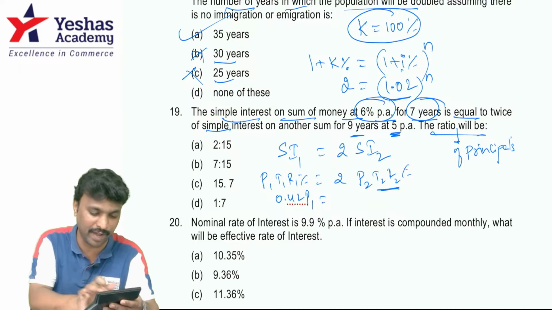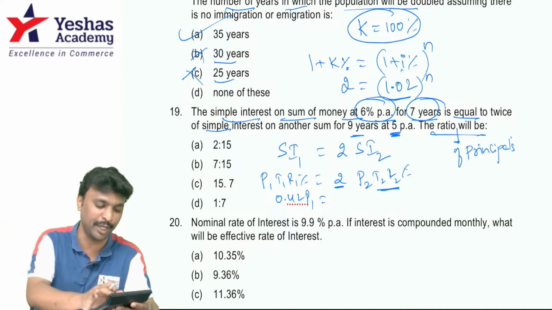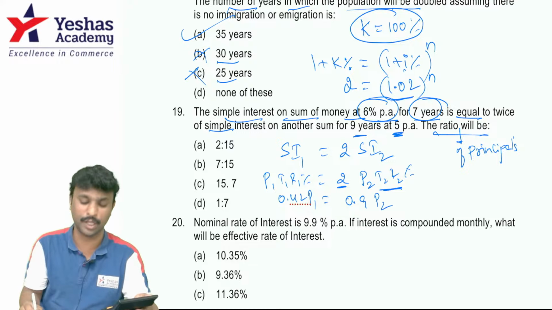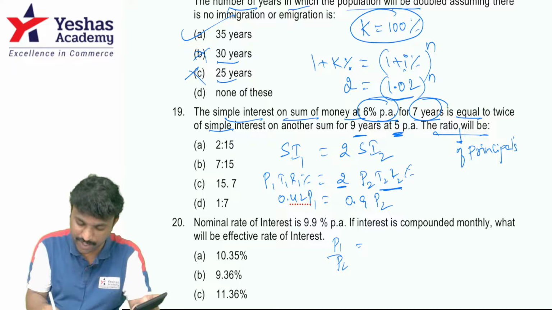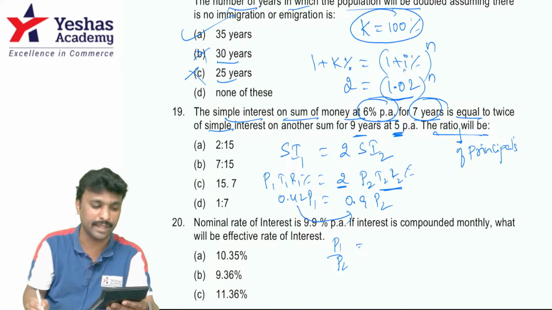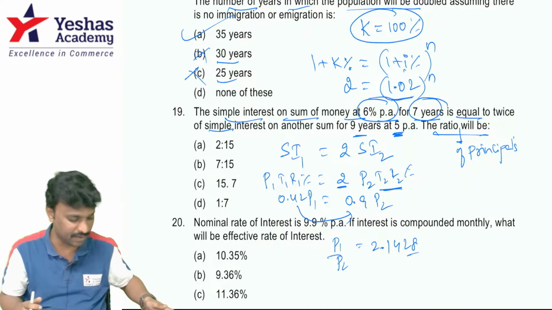So 9 into 5%, 0.45. Also you have to multiply with 2. So into 2 you get 0.9 times P2. Since you are asked to find the ratio of the two principals, it is P1 by P2. So 0.9 divided by 0.42 fetches 2.1428. Which option is the right answer?